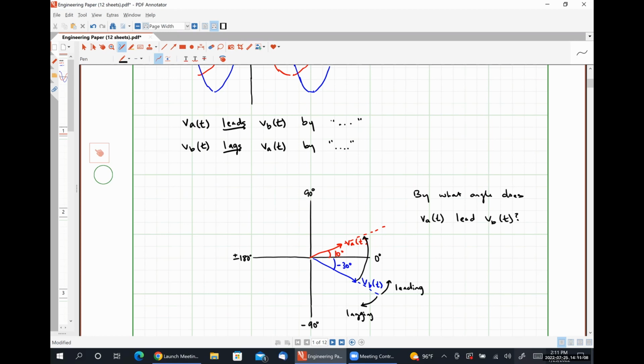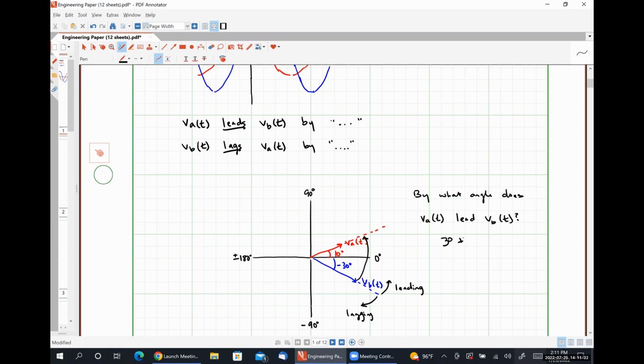The reason for this is when we're measuring counterclockwise, we're seeing how far ahead that signal hit its peak. And when we're measuring clockwise, we're seeing how far behind in angles that signal hit its peak.